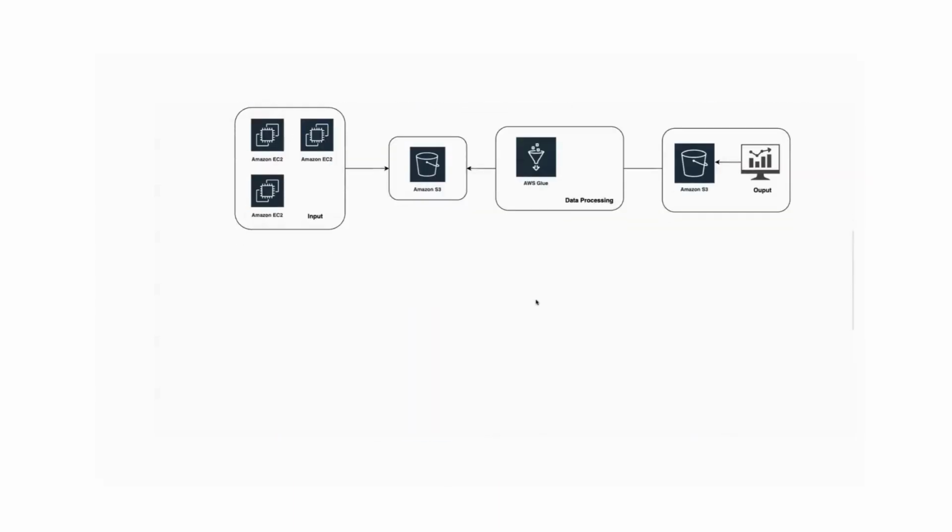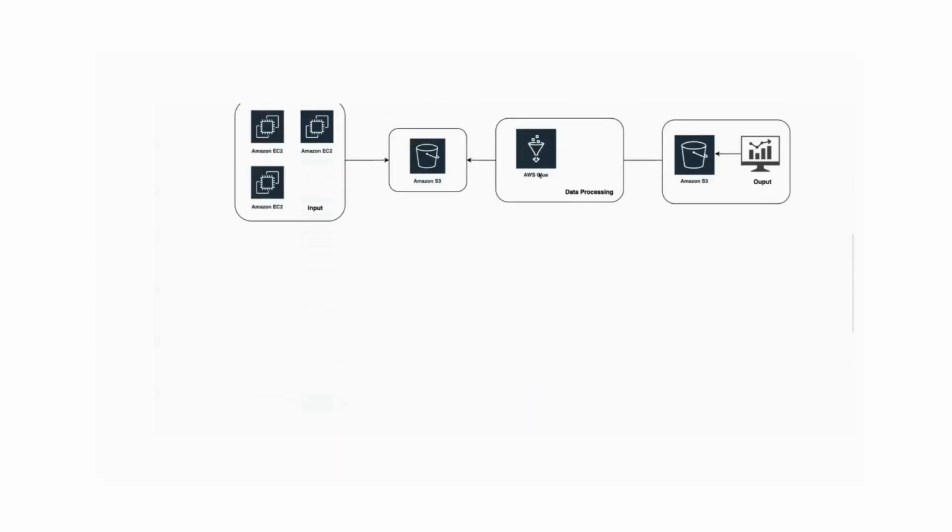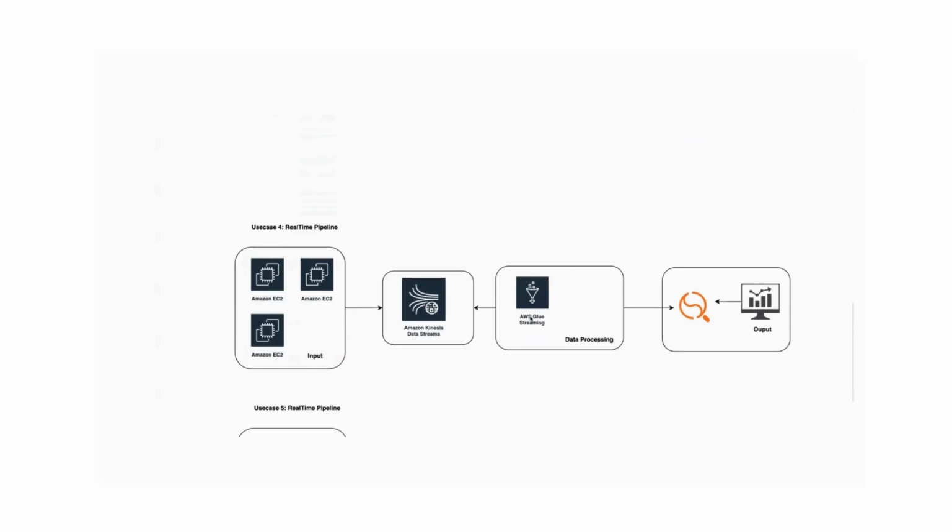Here the difference is, instead of S3, we are streaming the logs to a Kinesis stream, and the main change is that we have moved away from the Glue batch pipeline to a Glue streaming pipeline, because we want to aggregate or transform the data in real time. So that's the reasoning for picking Glue streaming here.